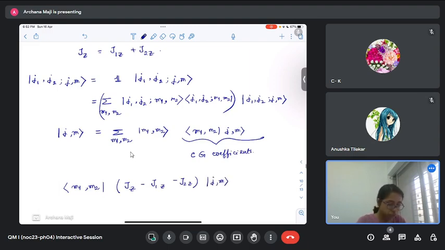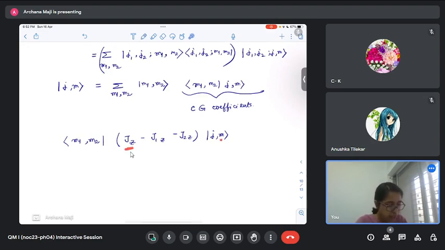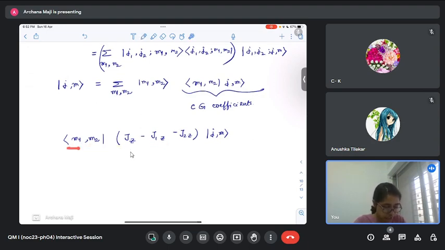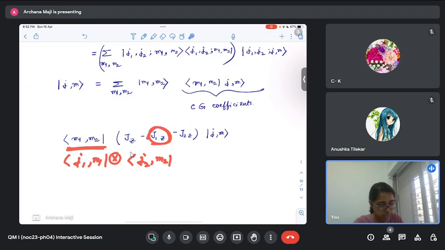Okay. So Jz acting on J M gives M h cross. Likewise J1z acting on M1 gives M1. Here it's a tensor product state. You remember that it's nothing but J1 M1 tensor J2 M2. So when we write J1z, it's understood that it is a tensor product with identity corresponding to the second particle. So this J1z will act on this particular state and will give you M1 h cross.